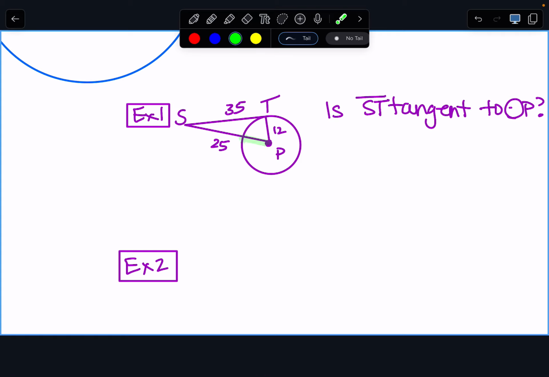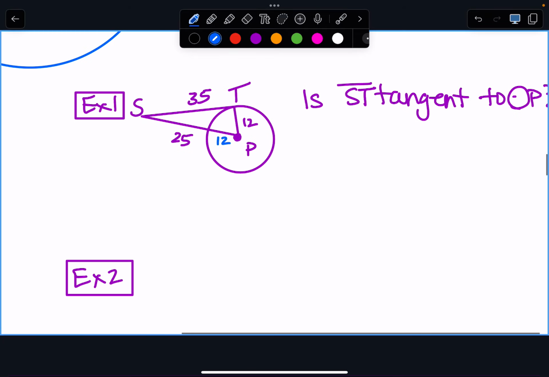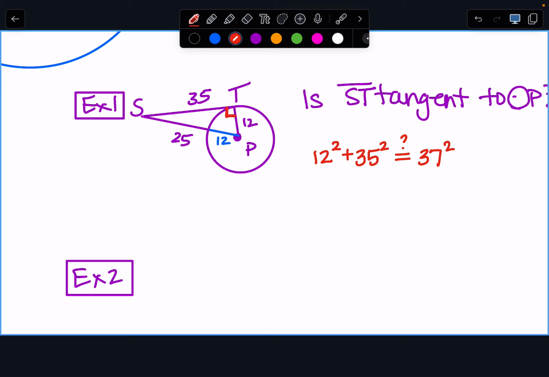We have to solve for that. That is 12, because it's also a radius. If this is tangent, this would be a 90-degree angle. So we would hope that 12 squared plus 35 squared equals 37 squared. Is that true?